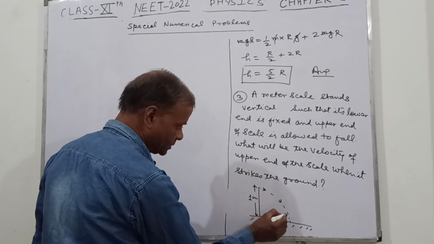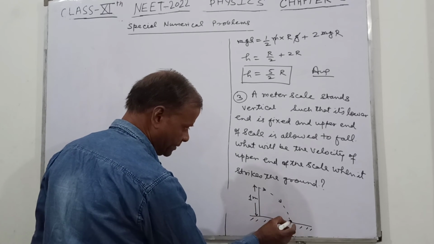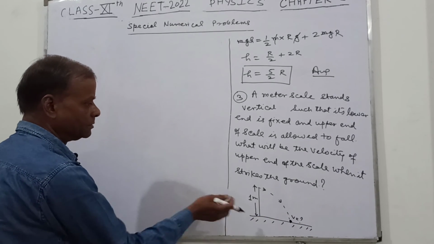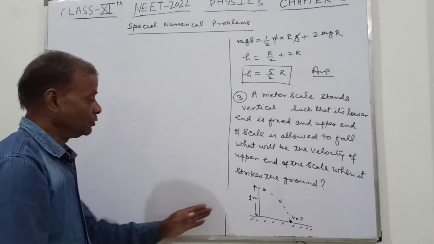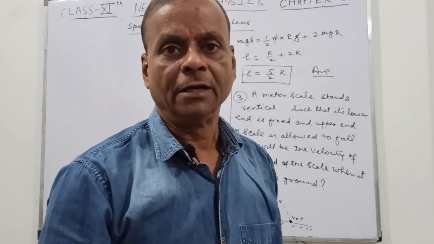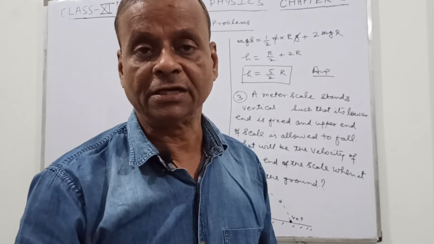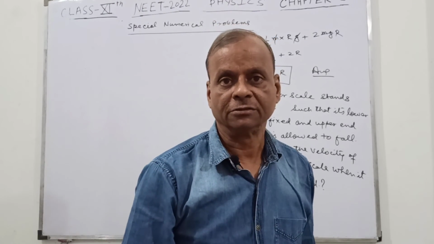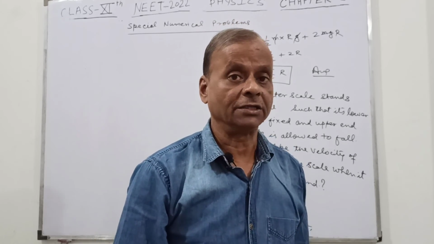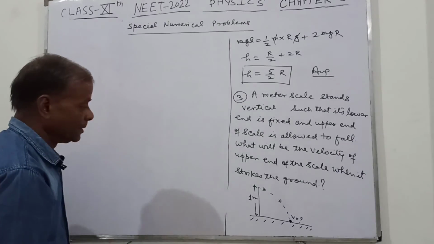So the question is what will be its velocity here at the ground. This we have to find. You know that this is moving in a circular path, and we know that the velocity at the uppermost point of the vertical circle is equal to square root of rg.